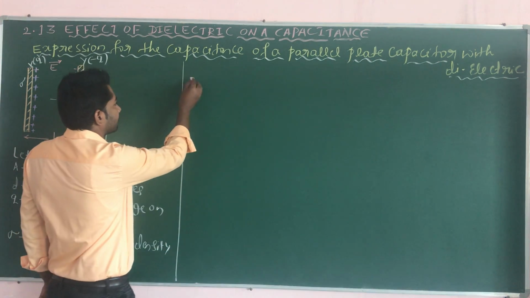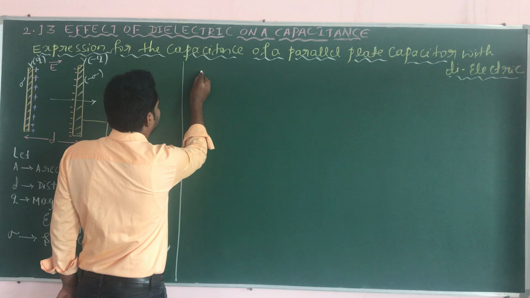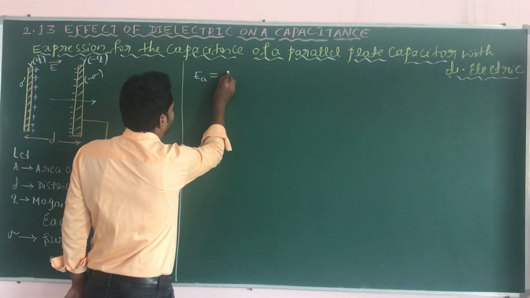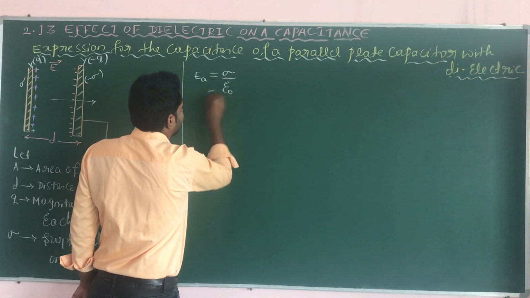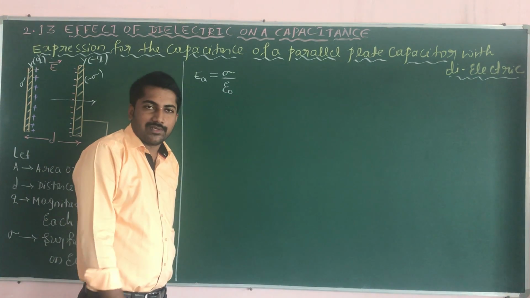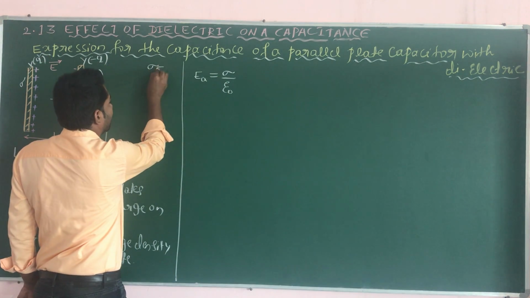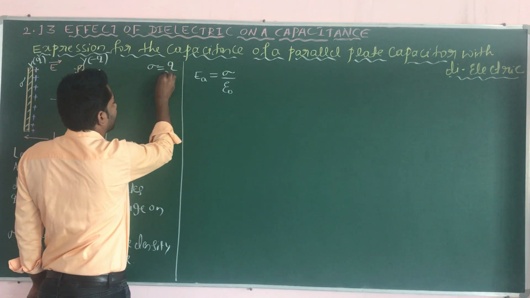In that condition, the electric field between the two plates in air or vacuum is E equals sigma divided by epsilon naught. Sigma is the surface charge density, the charge per unit area.